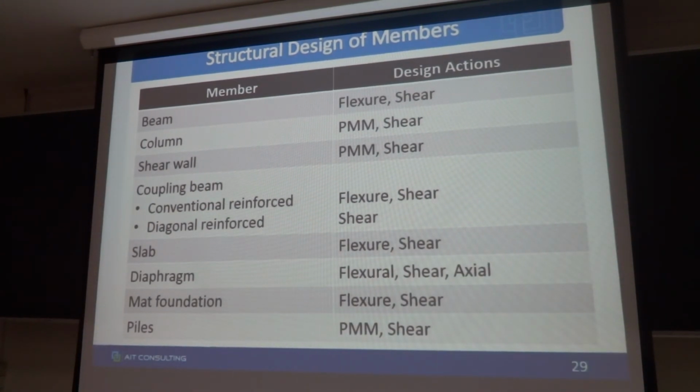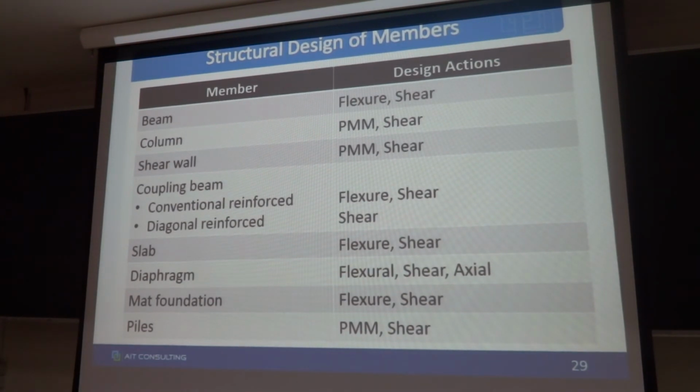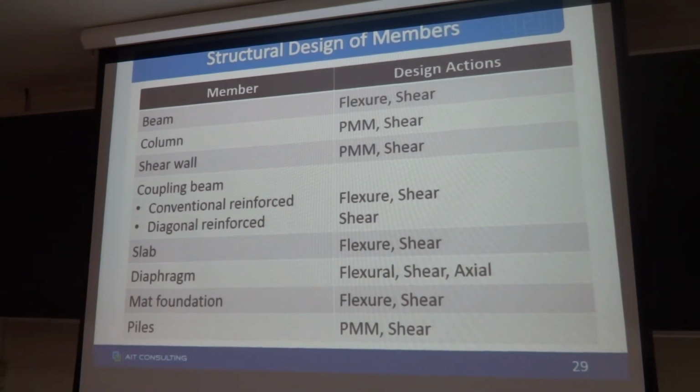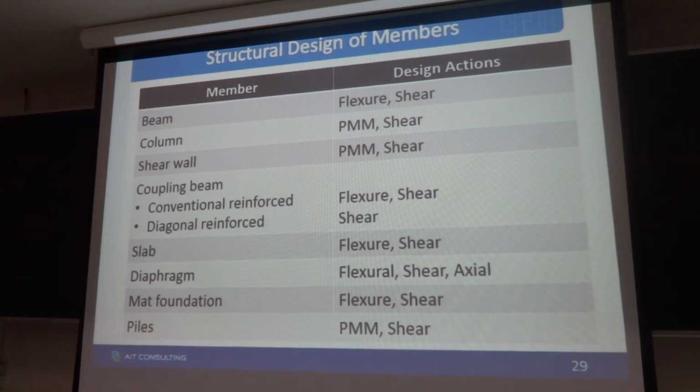And for the slabs, you design only for gravity loads, for the out-of-plane response, for shear and flexure. But for diaphragm design, you consider in-plane forces for flexure, shear and axial forces.